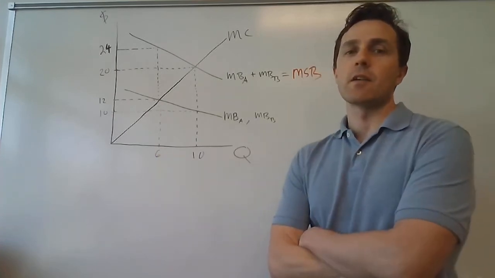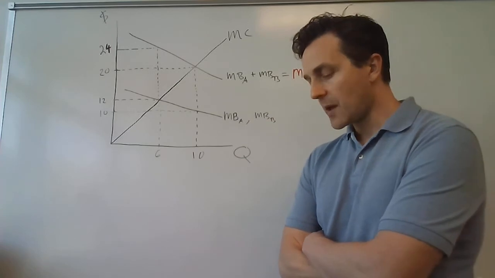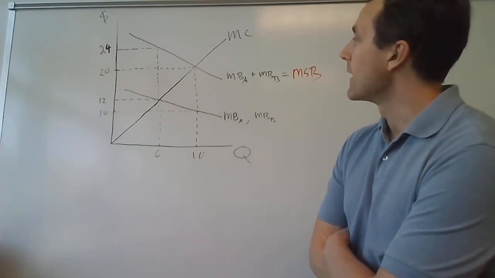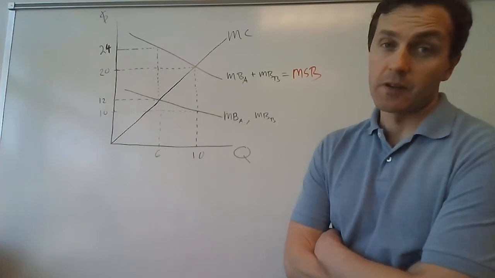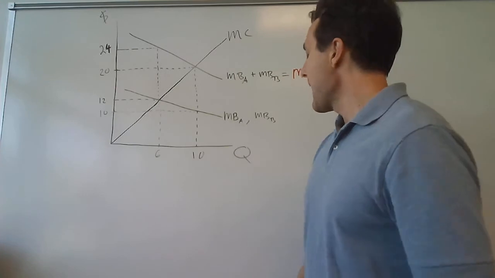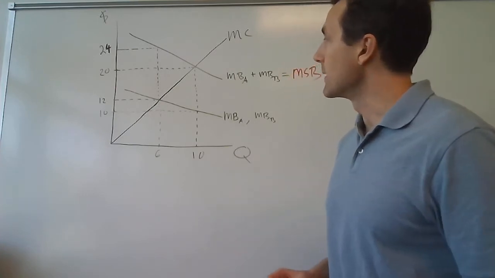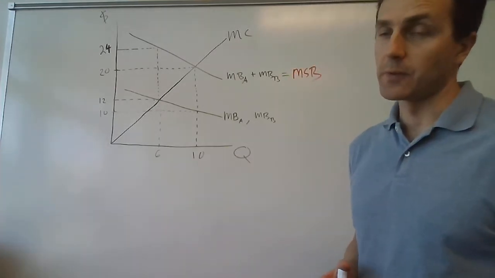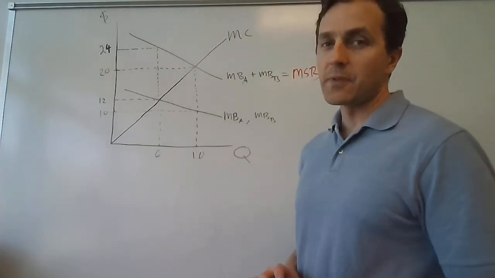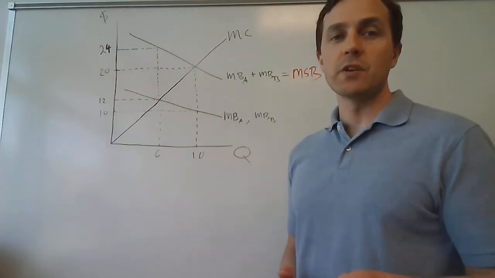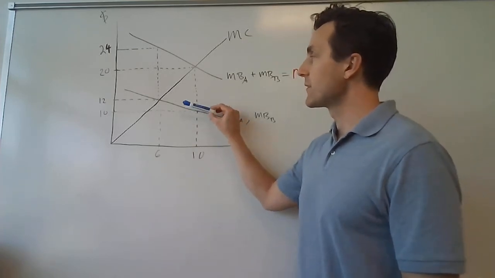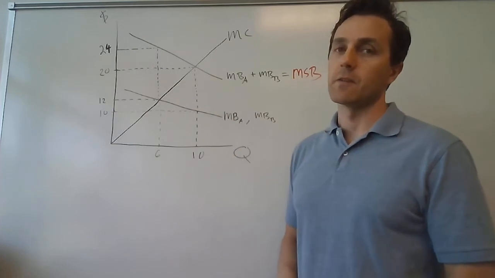But there is a subsidy that the government could hand out per unit of the public good that people get, and that would induce them to get the socially optimal level of the public good, which is 10. The thing about a per unit subsidy is that people's marginal benefits rise by the amount of the subsidy.